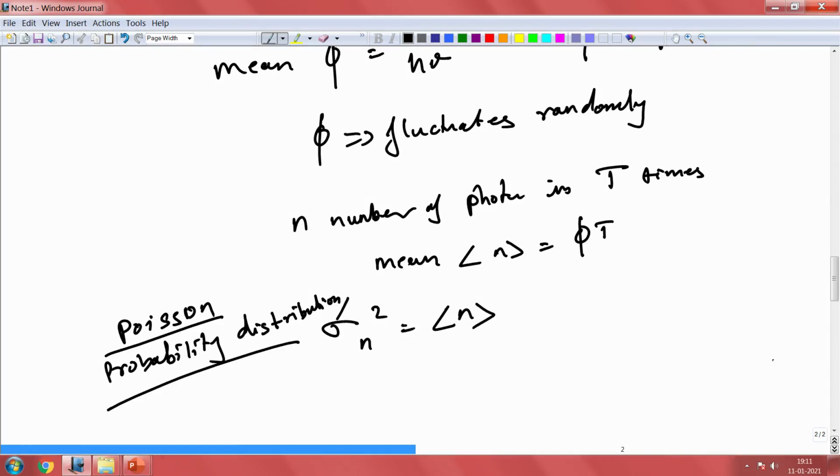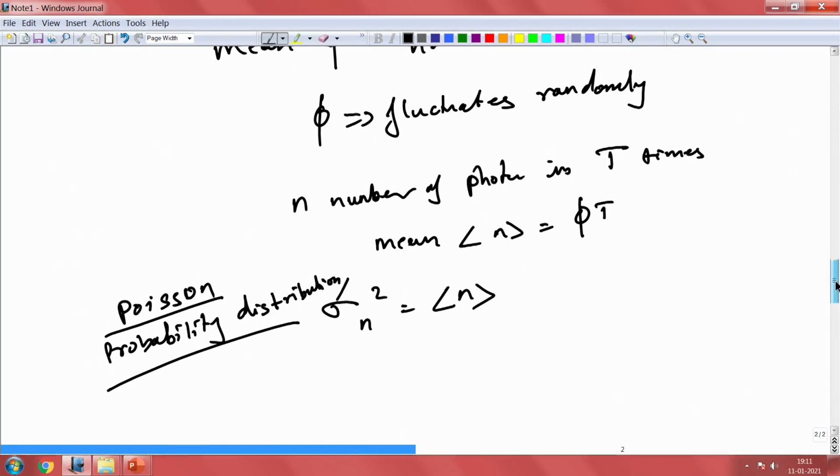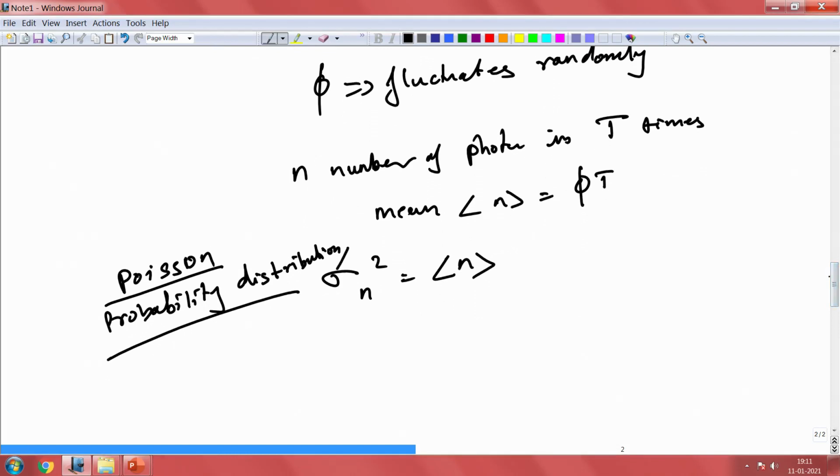So let us say the fluctuation could be, an average of 100 photons would result in an actual number of photons that lies approximately between 90 to 110, let us say. Okay. So there could be some fluctuation of 10 photons in this case, if it is 10% variation. This could be higher based on what kind of light source we have.